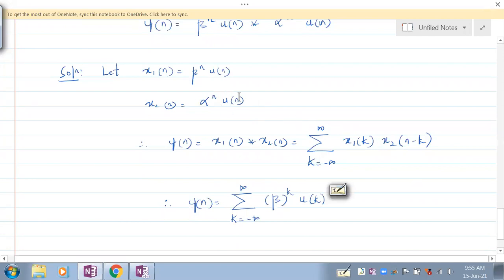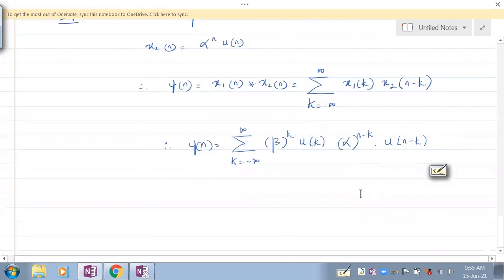That means wherever n is there, that needs to be replaced by n minus k. So it is alpha to the power n minus k into u of n minus k. Now, this alpha power n minus k can be split into two parts: one is alpha power n, another one is alpha power minus k. Everybody understand that point?